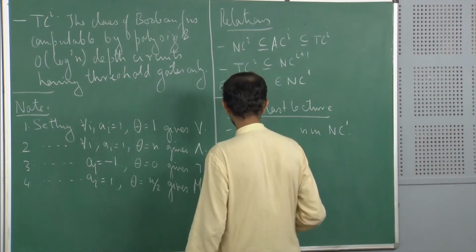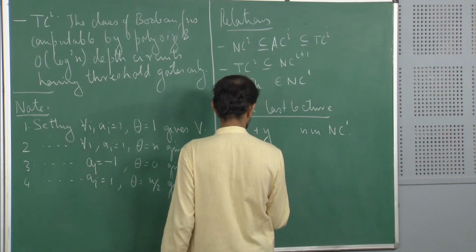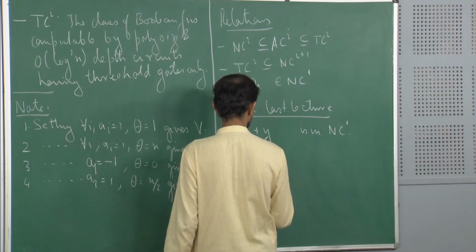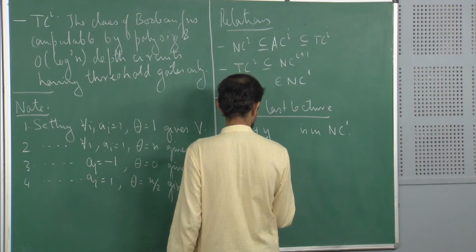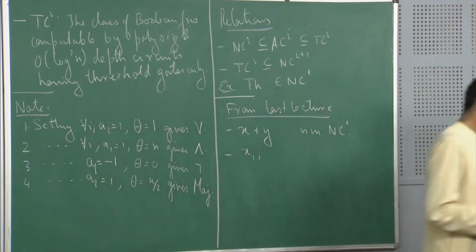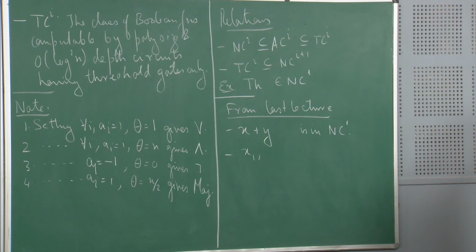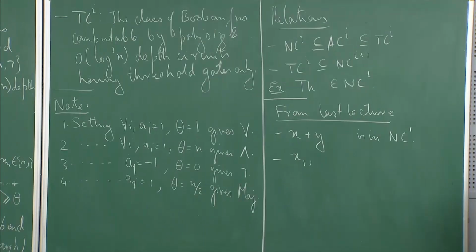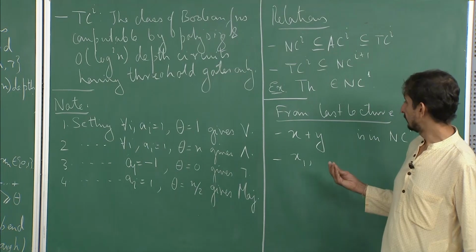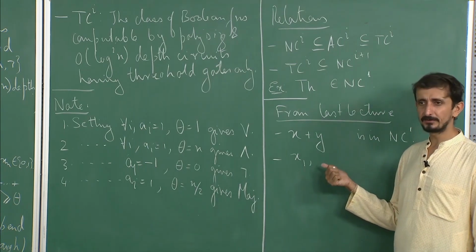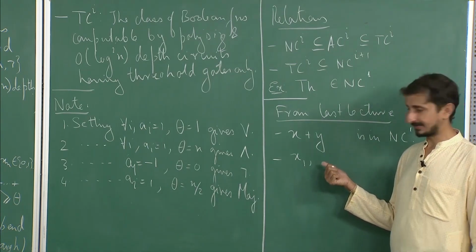What about iterated addition? Suppose I have m numbers x1, x2 up to xm, what notation did we use last time for iterated addition? Xi's, right? Okay.